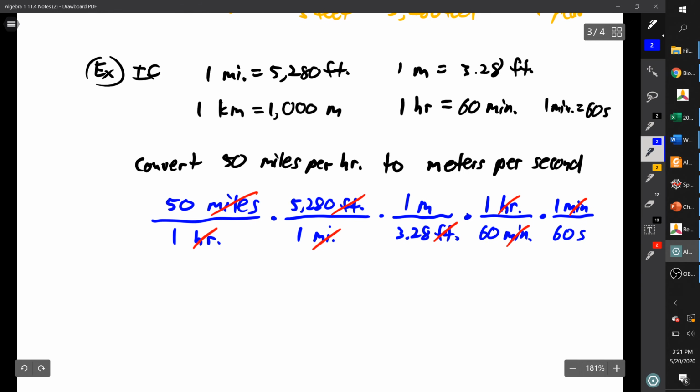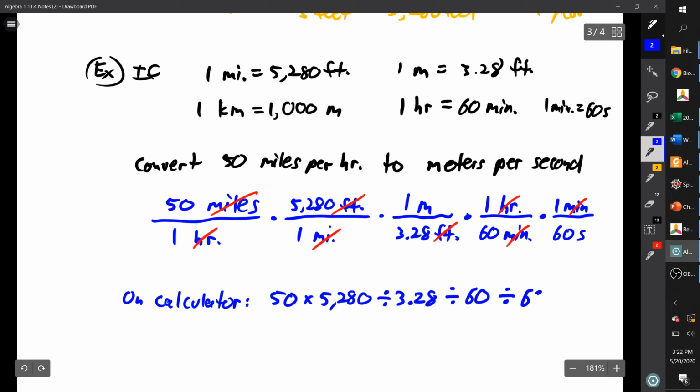That's what I want. So on my calculator, I'm going to do 50 times 5,280 divided by 3.28 divided by 60 divided by 60.